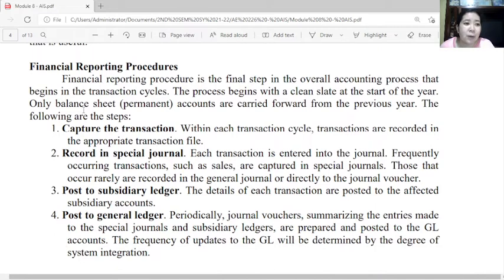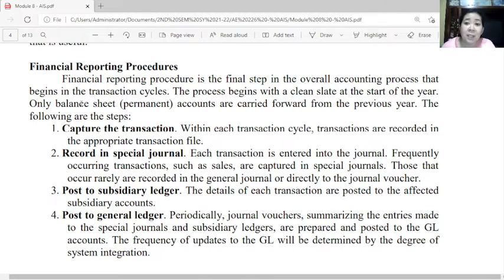Okay, so we go now to the financial reporting procedures. We are familiar with this already. This is just an illustration of our accounting cycle. Basically, your financial reporting procedure is the final step in the overall accounting process that begins in our transaction cycles. We have the conversion cycle, revenue cycle, and expenditure cycle.